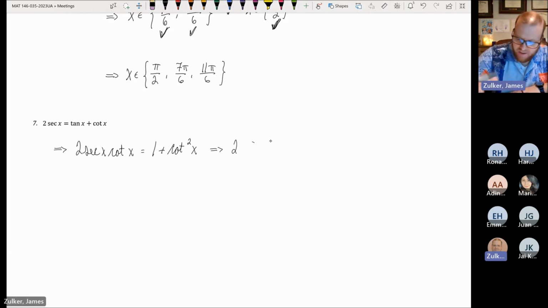I'm sorry, it's not sine. Is cosecant of x, right? Secant's 1 over cosine, cotangent is cosine over sine. So that becomes 1 over sine, which is cosecant. One plus cotangent squared is cosecant squared.